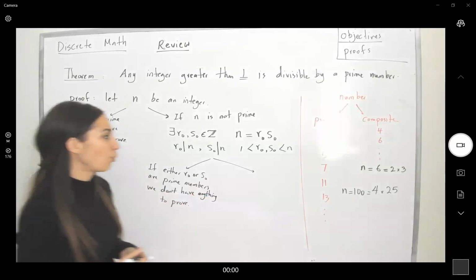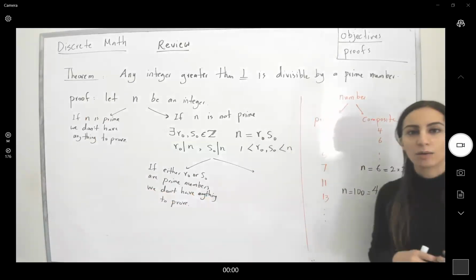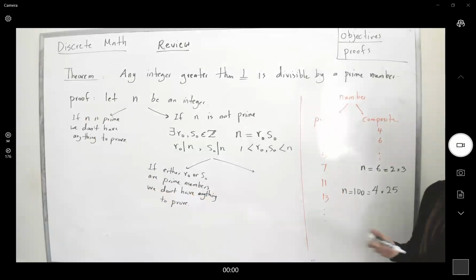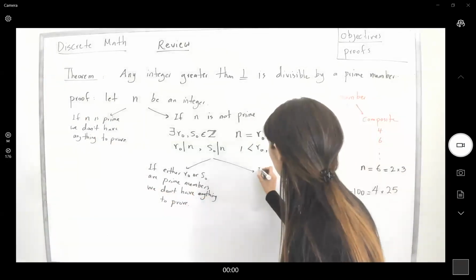What if not? What if r sub 0 and s sub 0 are both composite numbers, like this case, 4 and 25?